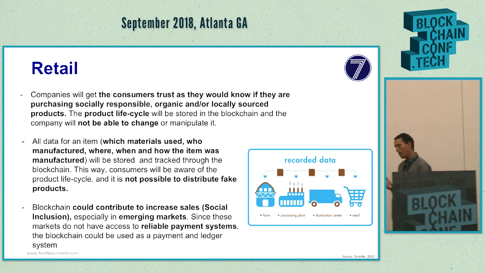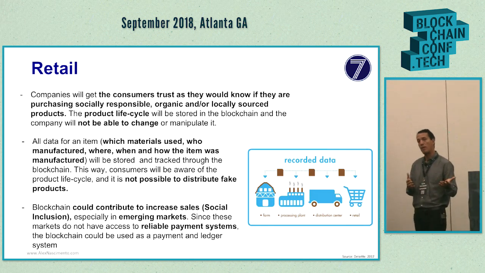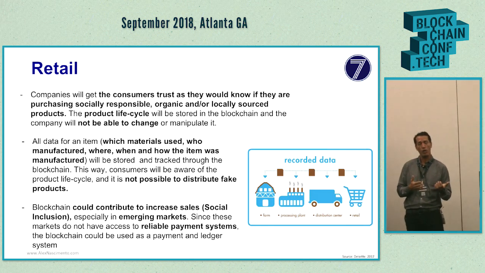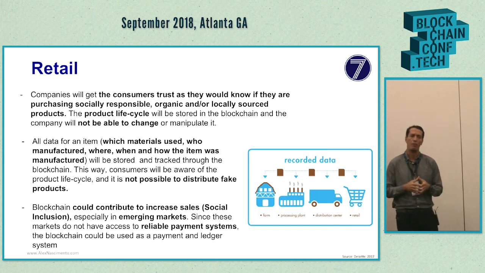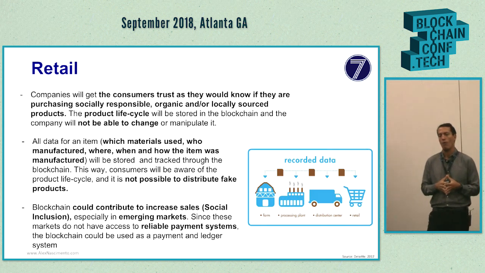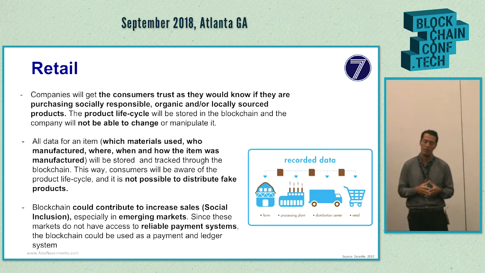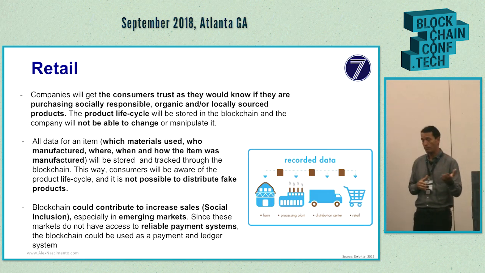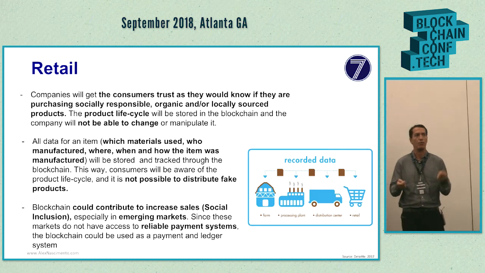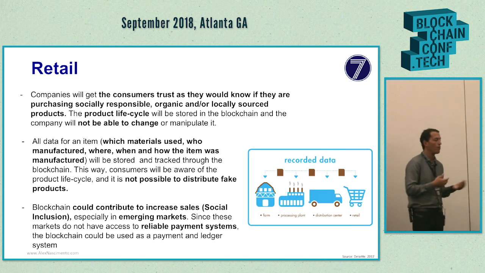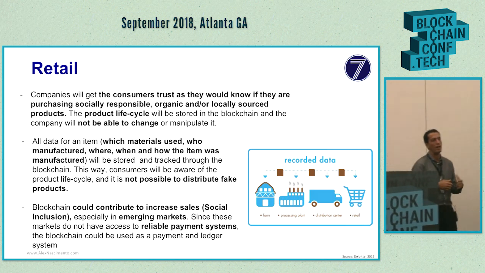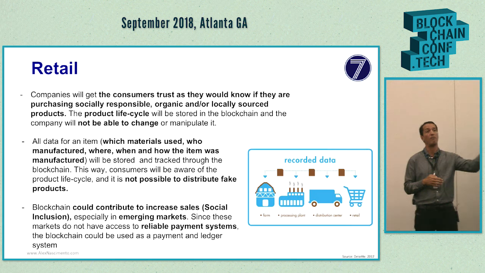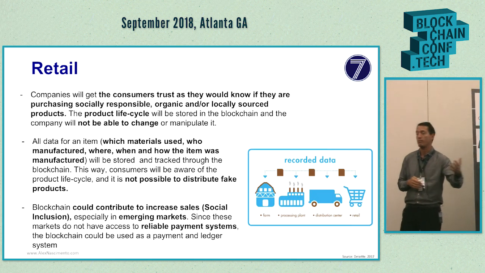You could also think about retail having more people and social inclusion in areas of emerging markets. So if you think about places like Africa or Latin America or in remote areas where people don't have access to banks and therefore they can't go to a shop and swipe a credit card, with the blockchain and with smart contracts, you're going to see people using wallets and not necessarily having to travel to a bank to open an account, right?